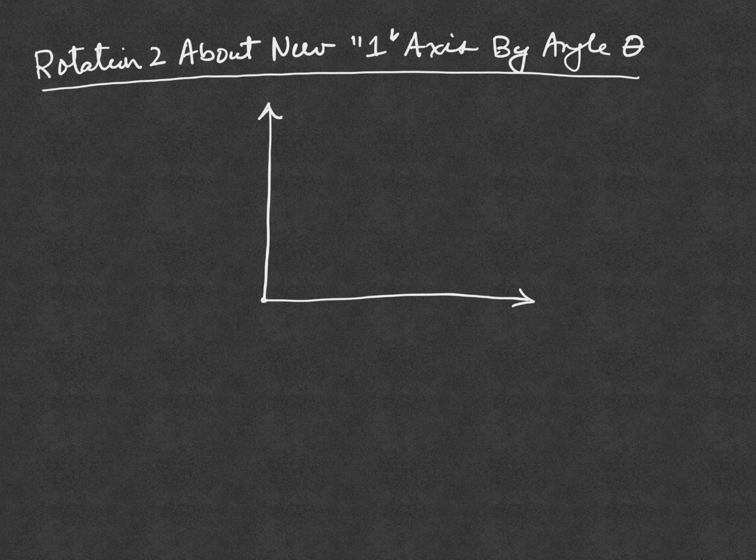But this rotation now takes place about the one axis because it's the second of the 3-1-3 Euler angle rotations. So this direction has to be P1. So completing the right-handed system, that makes this P2 and makes this P3 because P1 crossed with P2 is P3.